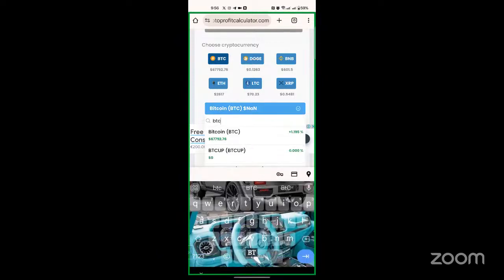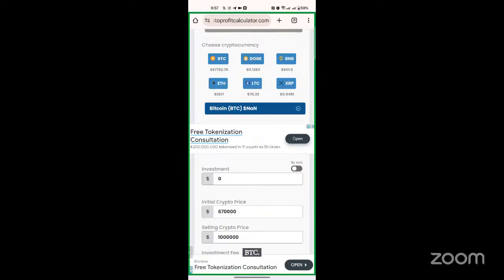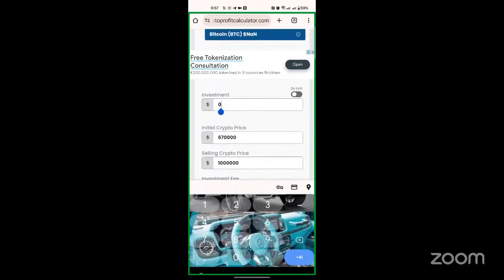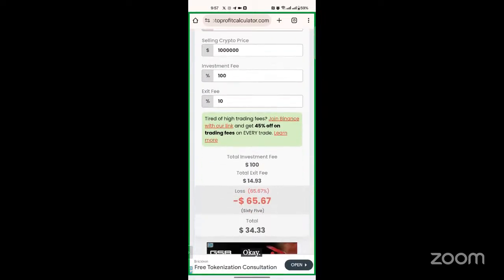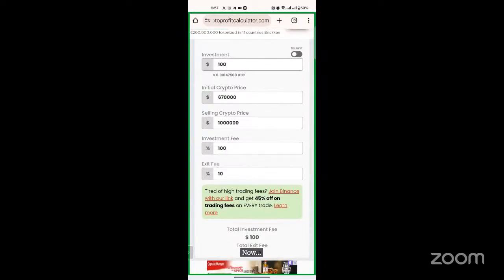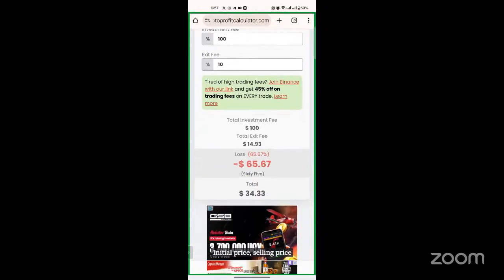BTC. Investment, $100. Now initial price, selling price, total investment, total exit fee.